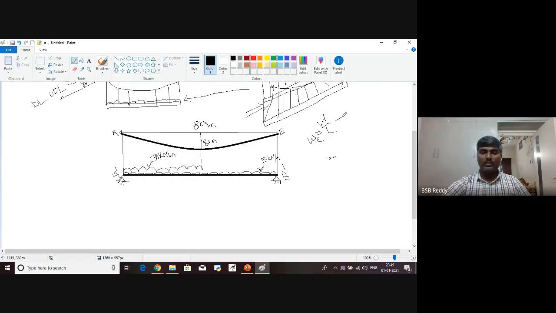So total load 2400. Total load divided by total span 80. So what is the equivalent UDL? 30 kilonewton per meter. So 30 kilonewton per meter is the equivalent UDL that is acting on the cable as well as on the girder. From here the remaining procedure is as usual.